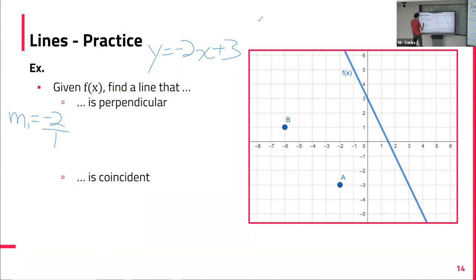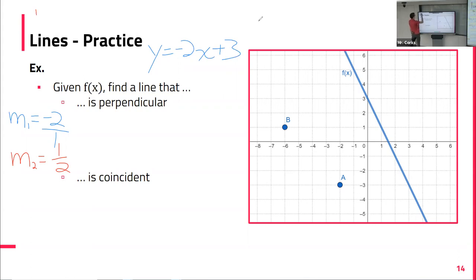So our other slope for our perpendicular line, what would it be in this case? 1 over 2. So what we are doing here is flipping over the fraction plus reversing the sign, whatever the sign is. And then, yes, if we multiplied these two together, it would turn into -1. But this is sort of the pattern. You flip over the fraction and change the sign.